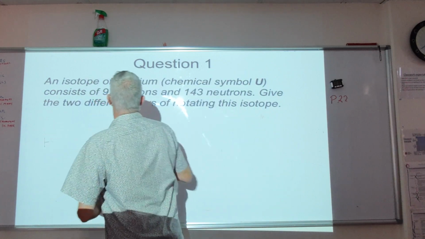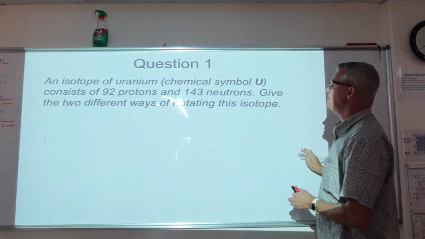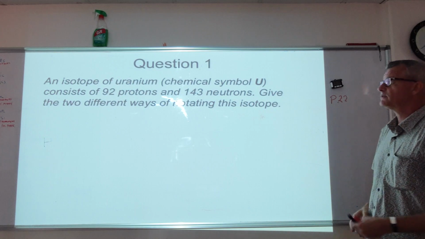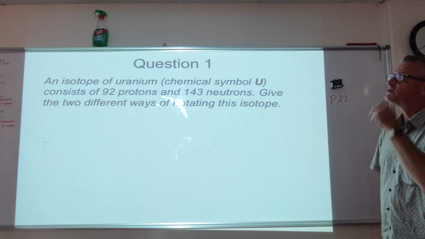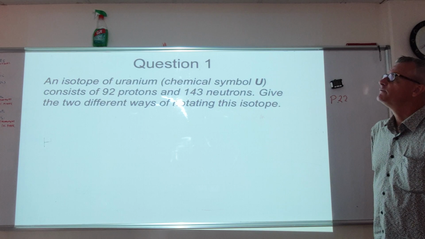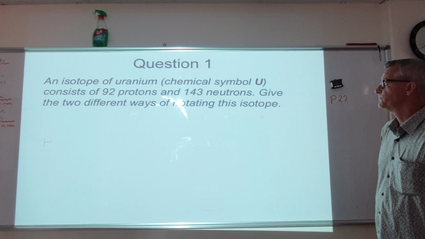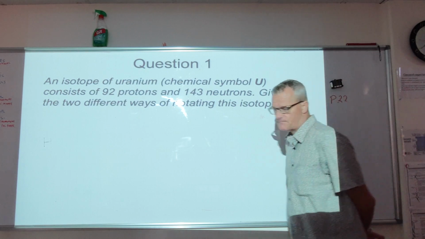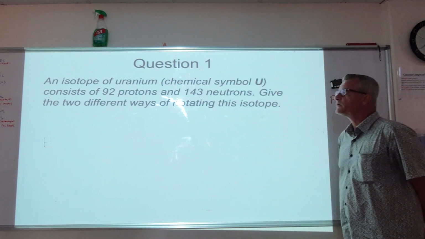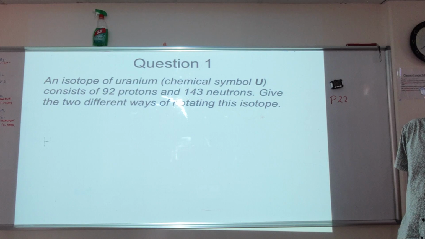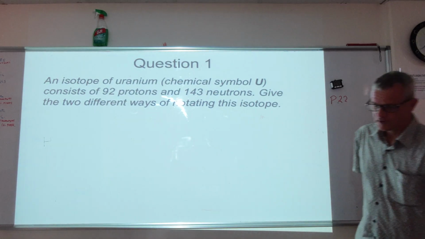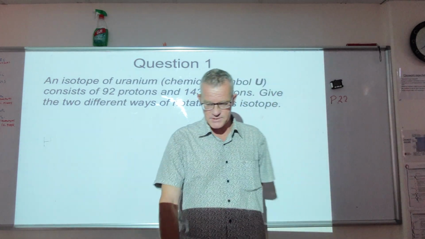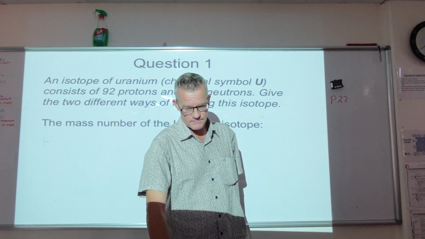An isotope of uranium, chemical symbol U, consists of 92 protons and 143 neutrons. How can we name this isotope? Well, we know that the element name is uranium.